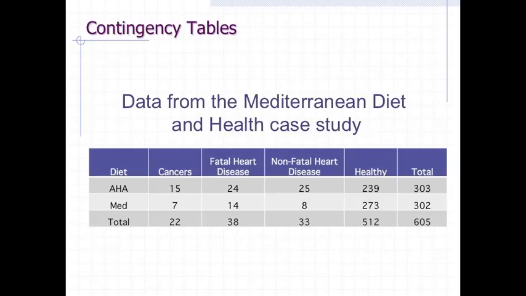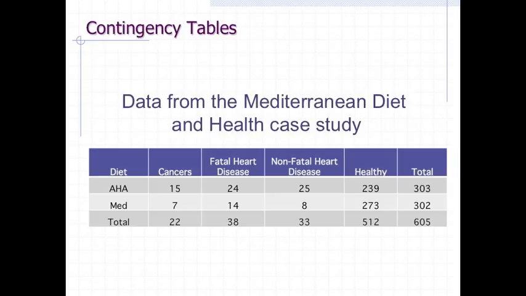The data in the table are from the case study, Mediterranean Diet and Health, and show the relationship between diet and health outcomes. Some of the subjects followed the low-fat diet recommended by the American Heart Association, while others followed a Mediterranean-type diet consisting of more bread and cereal, more fresh fruit and vegetables, more grains, more fish, fewer deli foods, and less meat.